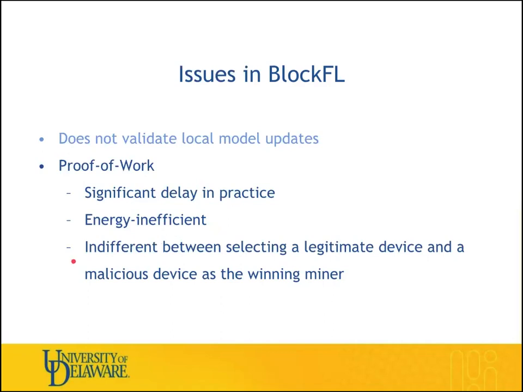Most importantly, proof of work is indifferent between selecting a malicious device and selecting a legitimate device as the winning miner, as it is majorly based on a device's hardware capacity plus some luck to be the first one in the network to find the nonce. In this case, if a malicious device is equipped with very high-end mining hardware, it is able to obstruct the learning process by continuously sending blocks containing the distorted model updates.